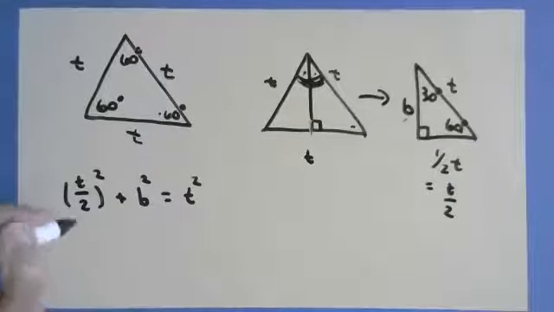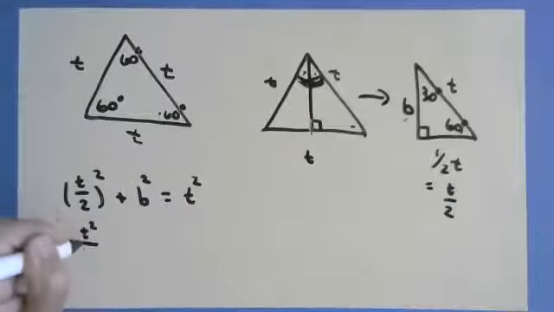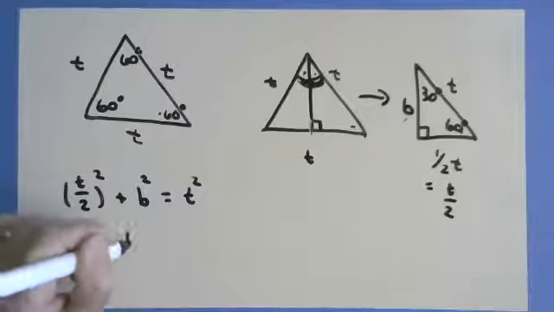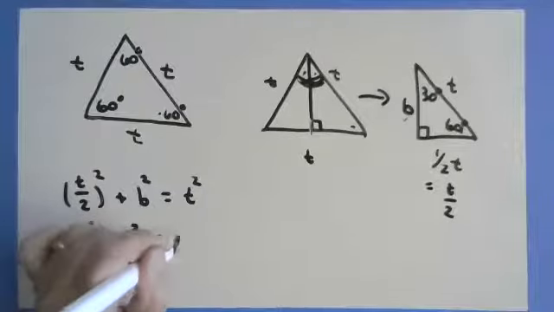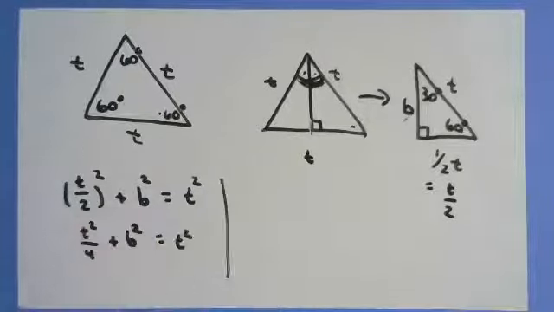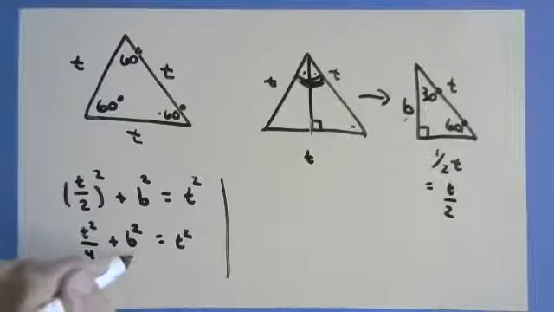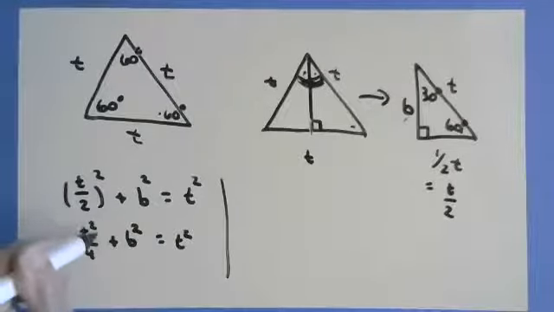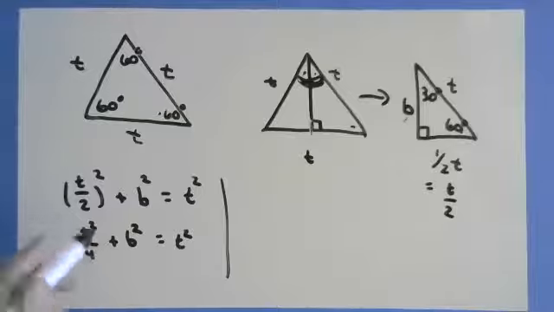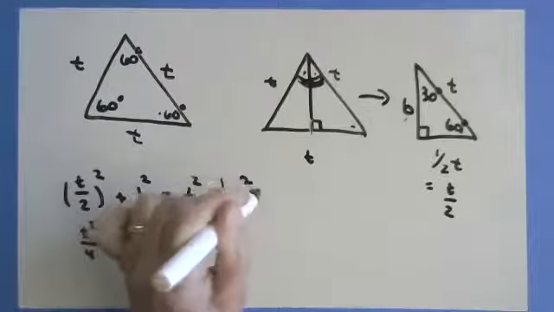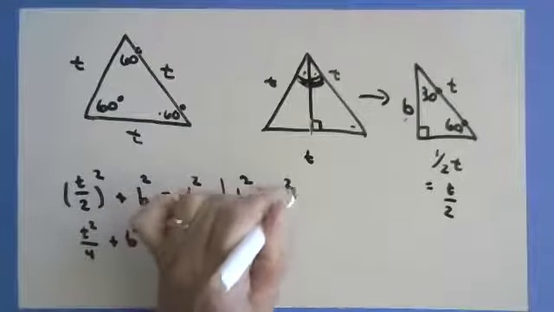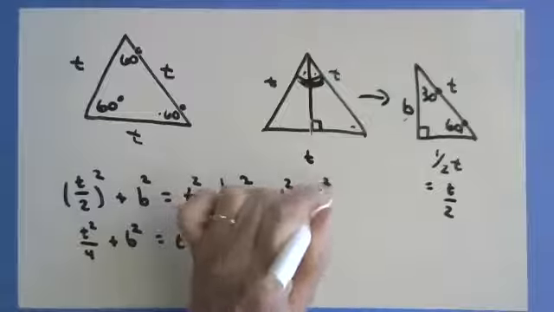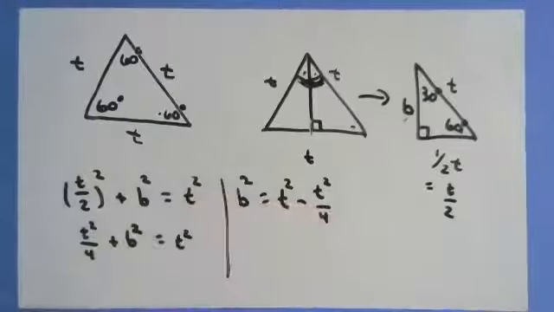Now we just do the algebra. This is T squared over 4 plus B squared is equal to T squared. I'm going to move over to the next column. I'm trying to solve for B squared, so I'm going to subtract T squared over 4 from both sides. I get B squared equals T squared minus T squared over 4.